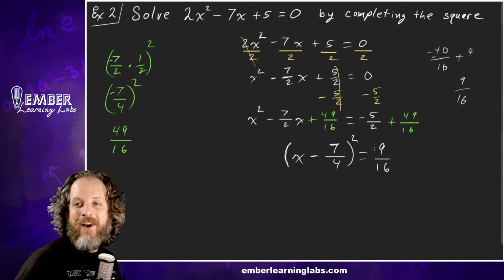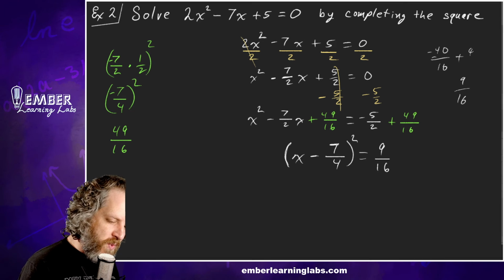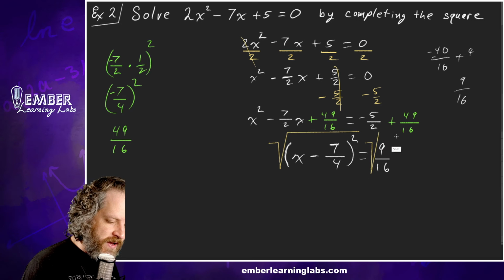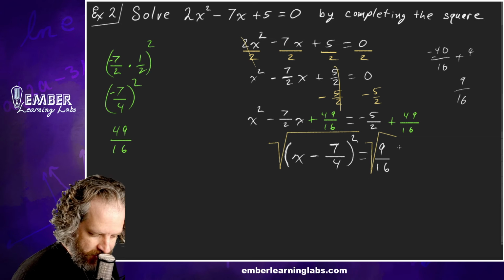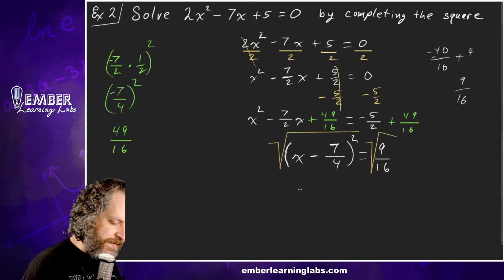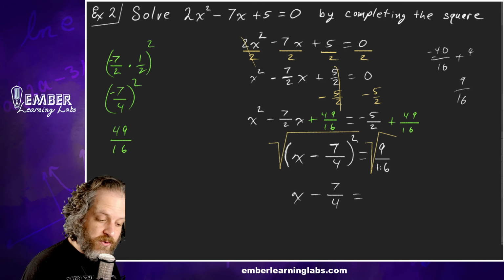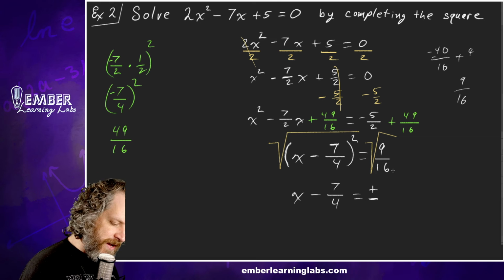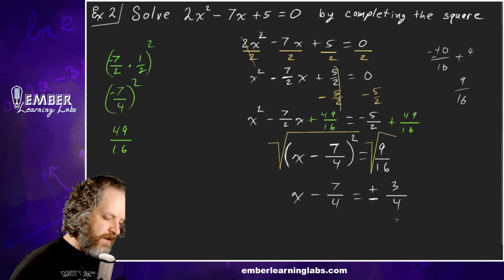Okay, so what are we gonna do now? We're going to take the square root of both sides to get rid of that squared. And when we take square root of both sides, we've got to remember that our answer is plus and minus, right? So on the left side, we get x minus 7 fourths equals, the square root of 9/16 would be, and it's plus or minus, I almost forgot what I keep reminding y'all of, plus or minus, square root of 9 is 3, and square root of 16 is 4, so this is 3/4.